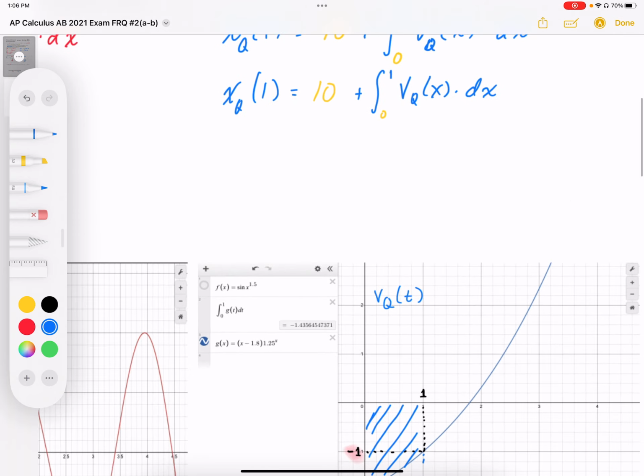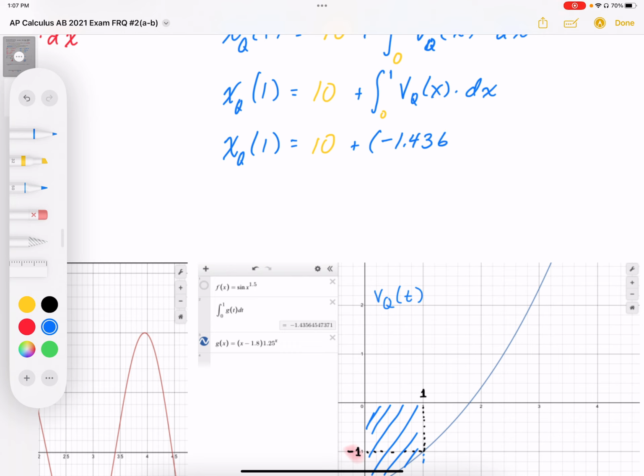So working that out, x of Q at 1 is going to be equal to 10 plus the area. That area works out to be negative 1.436, so that displacement, I went to the left.